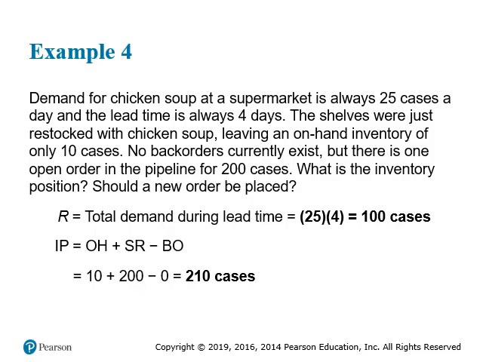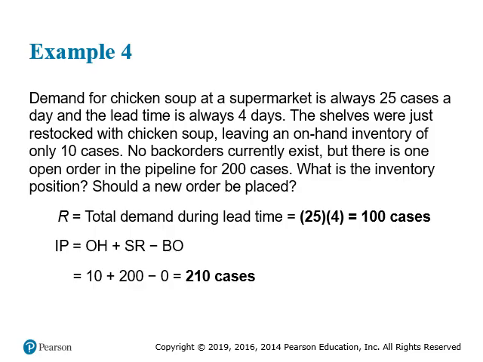Okay, so what's the inventory position? We answered that. Should a new order be placed? Well, we want to place the order just so that we will receive it when we're about to run out. So we use 25 cases a day, and the lead time is 4 days. So if we place the order 4 days ahead of time, we would need 100 cases to last us through those 4 days.